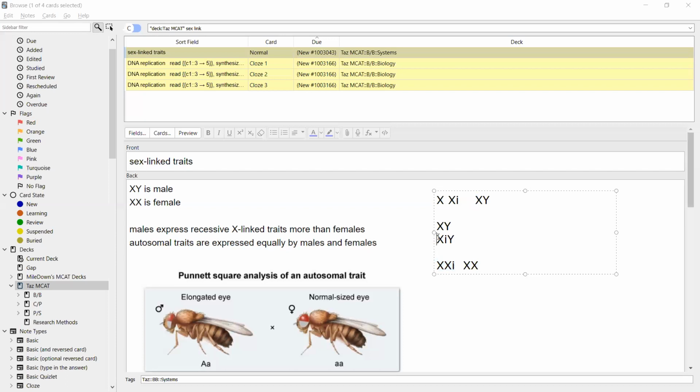Whereas the son can either get a normal X from his mom or the recessive X from his mom. Notice here, is the sister ever affected by the recessive gene?